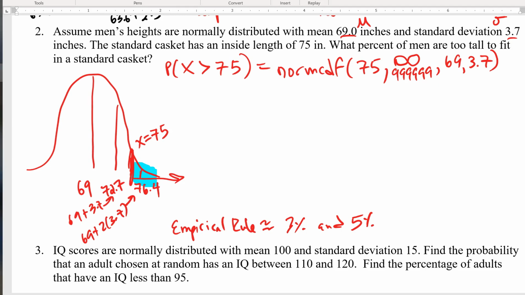It's an approximation. But the idea is that if you run this wrong, you get an answer like 96%. That should stop you. You know, that didn't look like I shaded 96%. So either use the picture or use the empirical rule to figure out what the answer should be approximately.